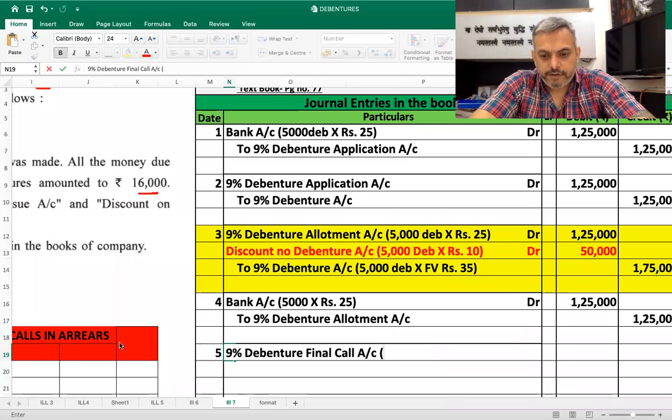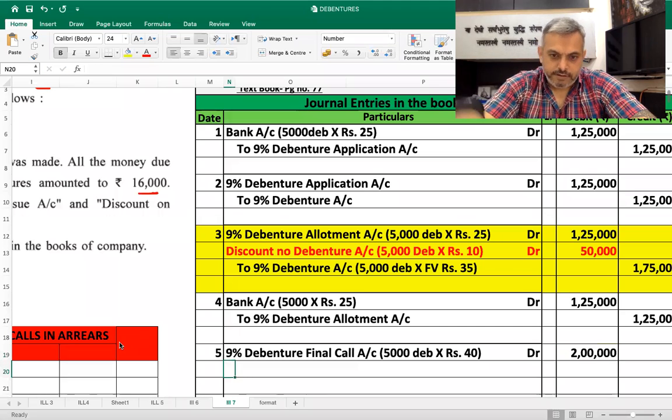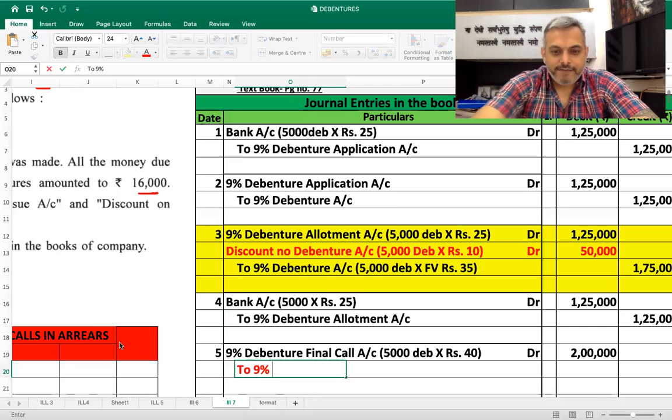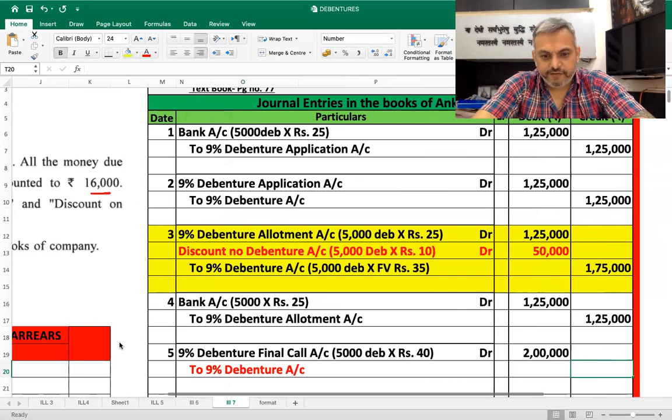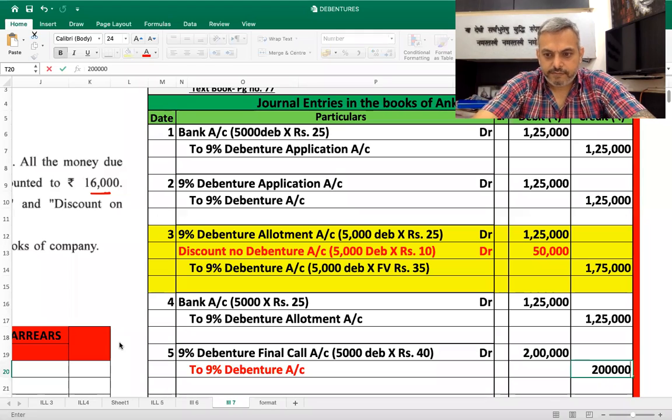Amount is 5,000 debentures into rupees 40, 2 lakh. Okay, to 9% debenture account with the face value. Of course, 40 is the face value, so directly 2 lakhs.